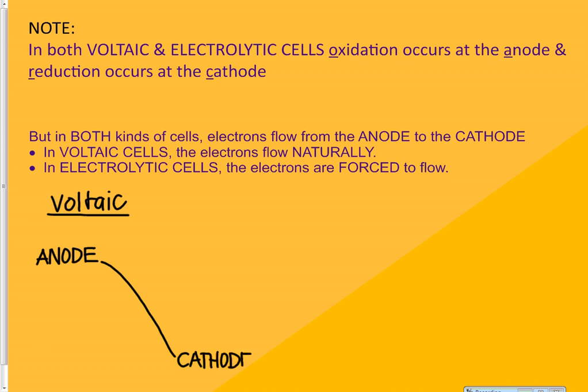Now we know that the anode is negatively charged in a voltaic cell and the cathode is positively charged. It's a natural process for the electrons to be generated at the negative, and they will naturally be attracted to the positive cathode. So think of that as running down the hill, and this happens spontaneously.